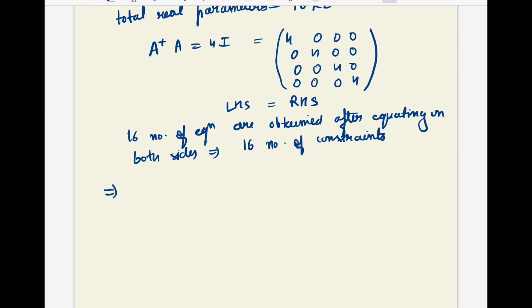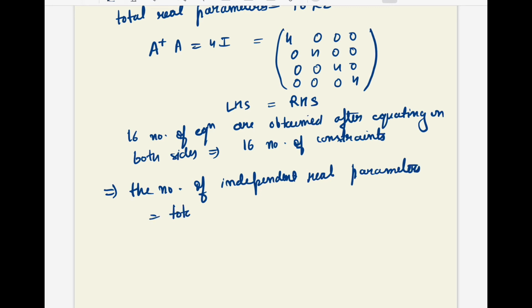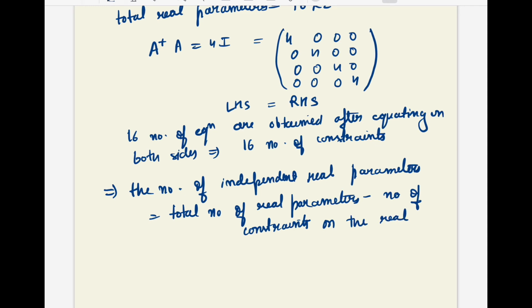So the number of independent real parameters equals the total number of real parameters minus the number of constraints on the real parameters, which is found to be 32.